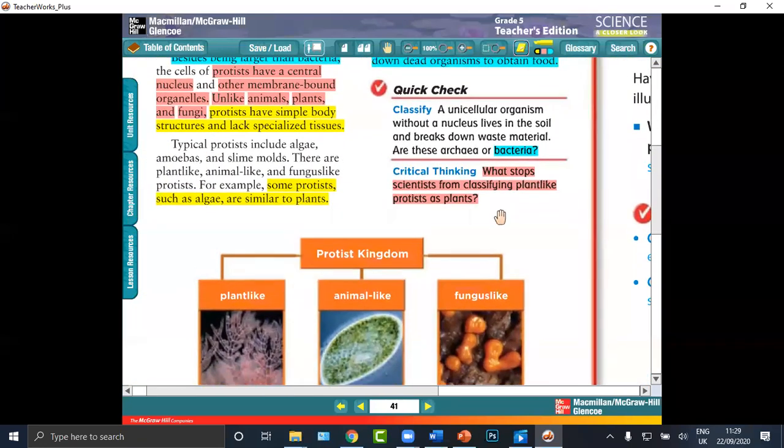Now, let's answer. Quick check. A unicellular organism without a nucleus lives in the soil and breaks down waste materials. Are these archaea or bacteria?